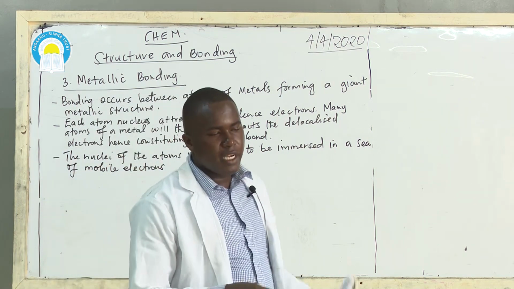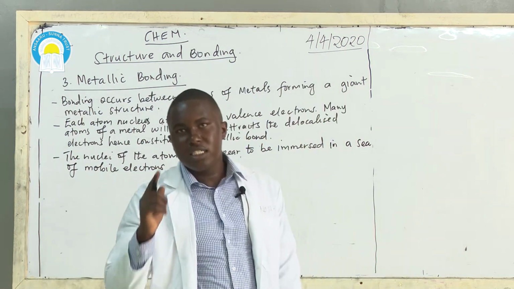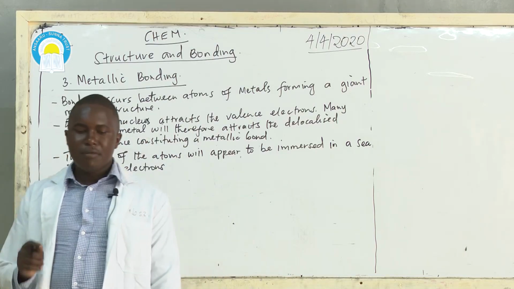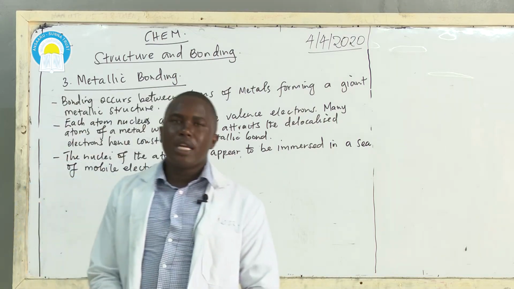So these electrons depend on the atom. For example, sodium will have 1 delocalized electron, magnesium will have 2, aluminum will have 3.